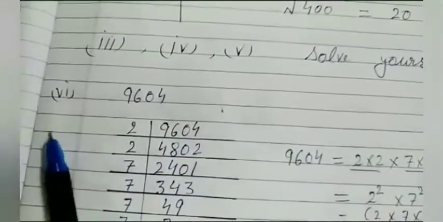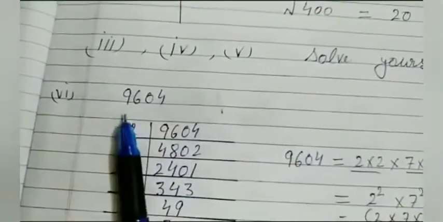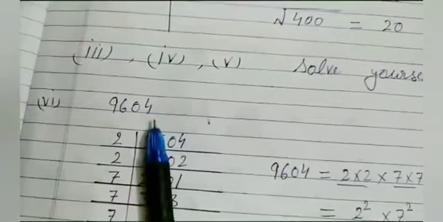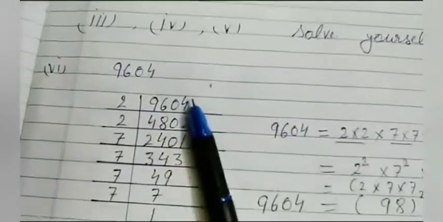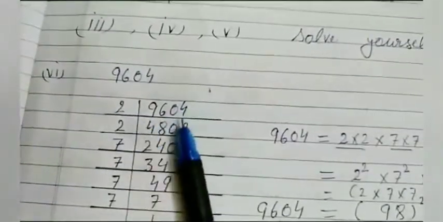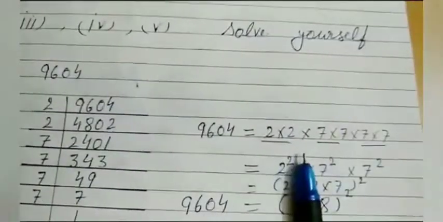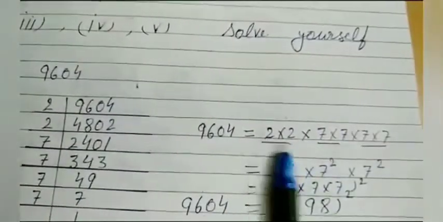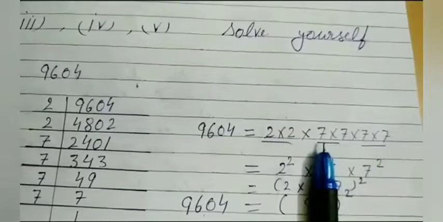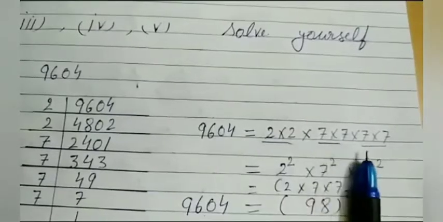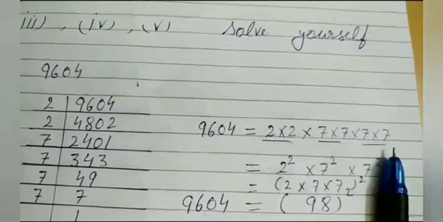Next part, 6. 9604. When we solve 9604, we get prime factors 2 multiply 2 multiply 7 multiply 7 multiply 7 and multiply 7.